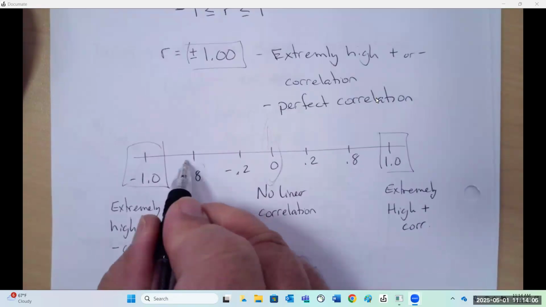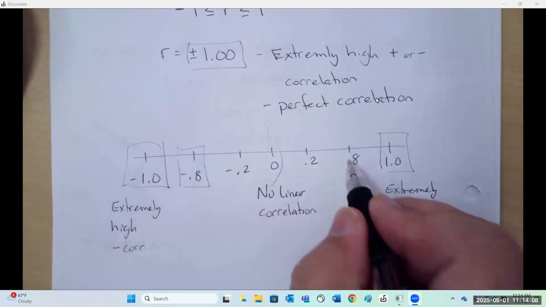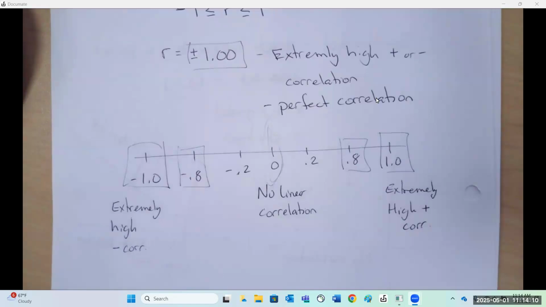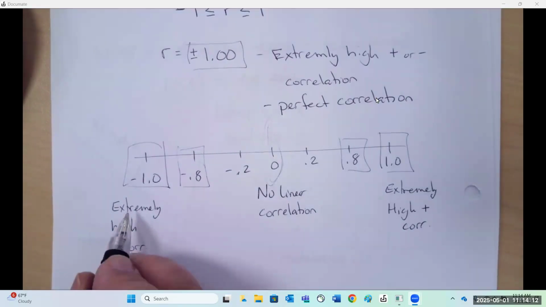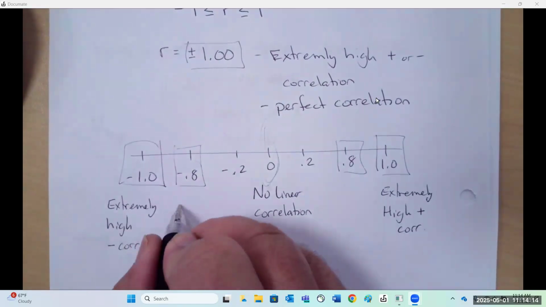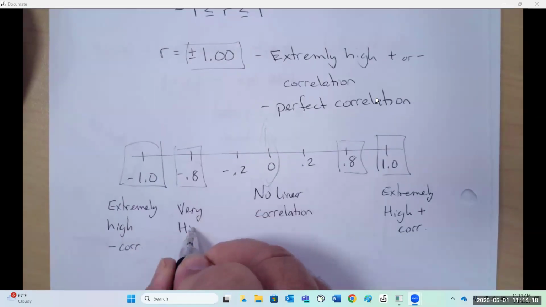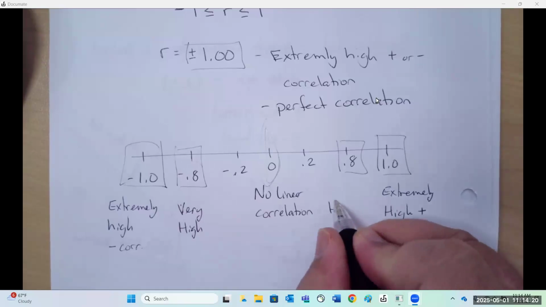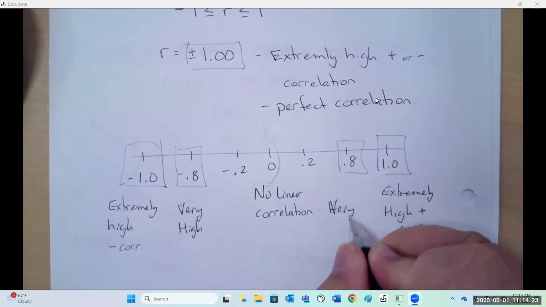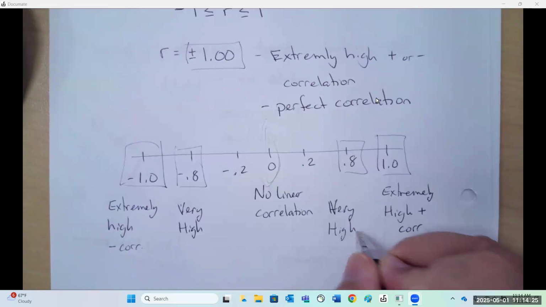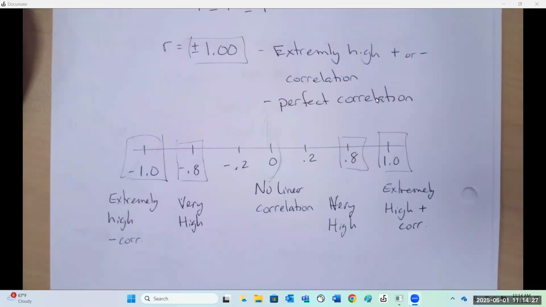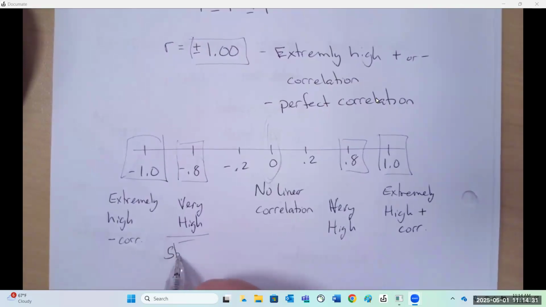Since 0.8 is pretty close to 1.0, it's not extremely high, but we can say it's a very high correlation. Or we can say that it's a strong correlation.